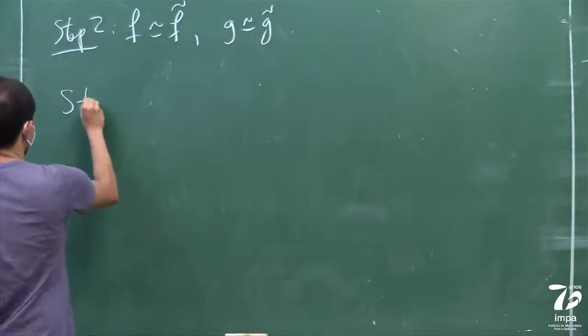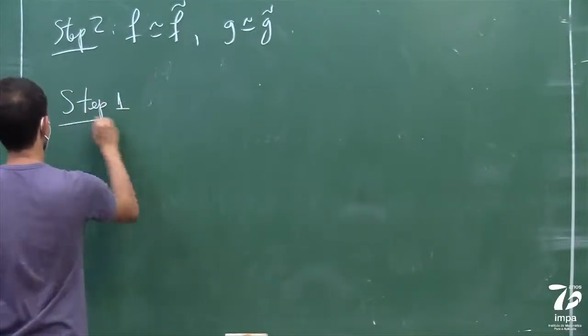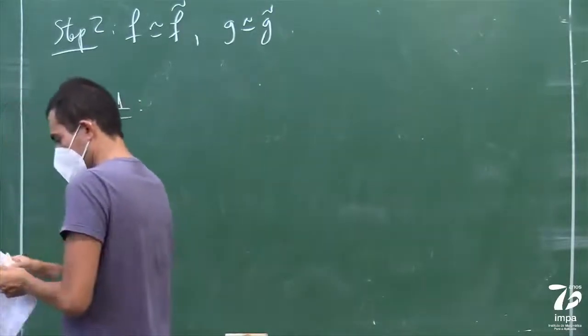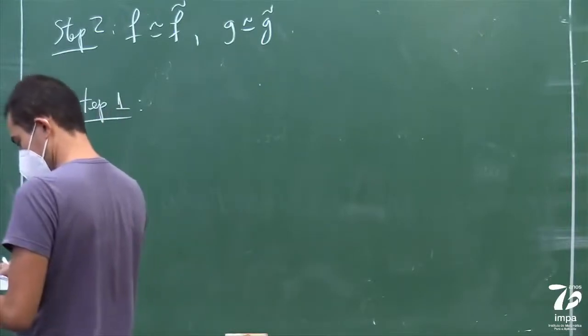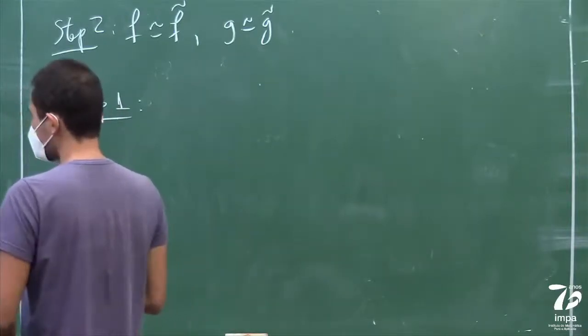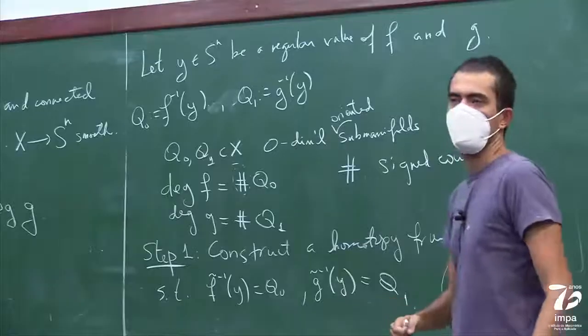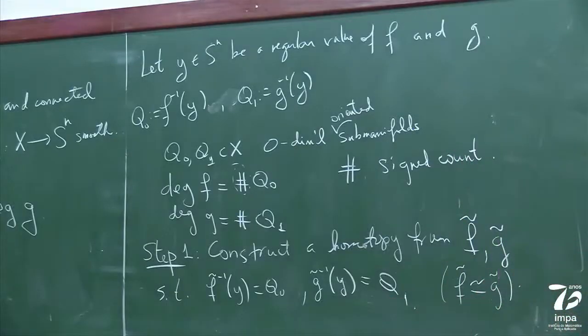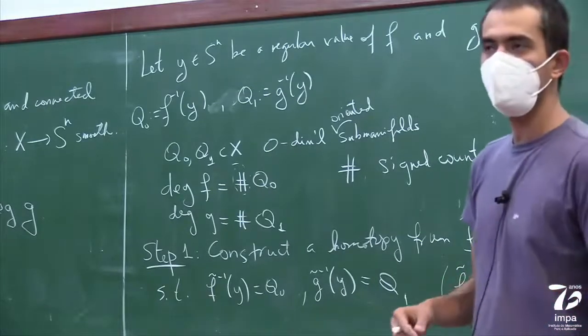So step 1. I have Q0 and Q1, which are finite sets of points in X. They have the same number of points. Well, it's not exactly the same number, but the same number with signs.